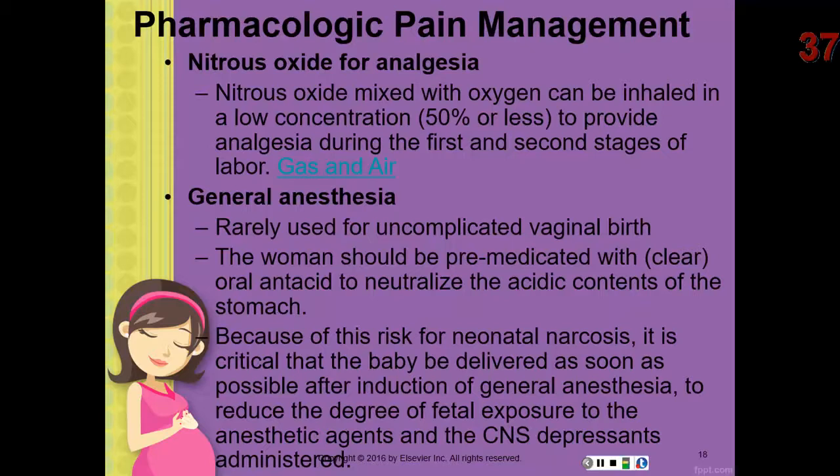And as soon as the anesthesiologist said go, as they're pushing in the anesthetic, they would cut, and they had 5 minutes to get the baby out, because if the anesthesia hit the baby, obviously we would have to intubate the baby. The baby wouldn't be able to breathe. So we wouldn't want that. So we were pretty quick about getting those babies out.